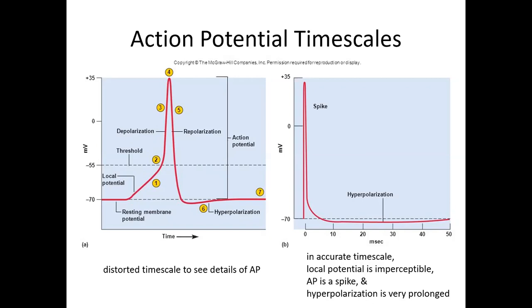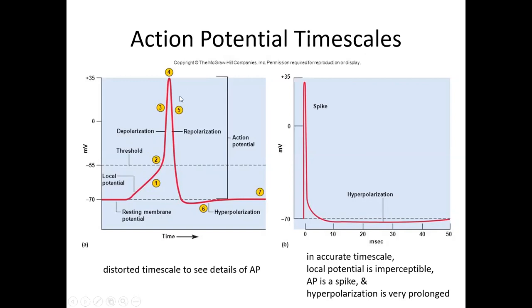We are depolarizing. We also have potassium gates open. Once we hit around number three, we have reached zero. Those sodium gates are starting to close. However, we still continue to depolarize to around plus 30, plus 35 millivolts. And then the effect of potassium loss takes over, and we are repolarizing all the way down in number 5.